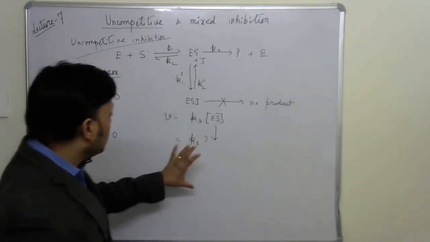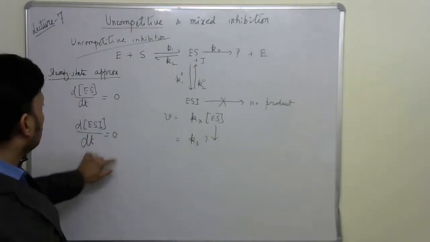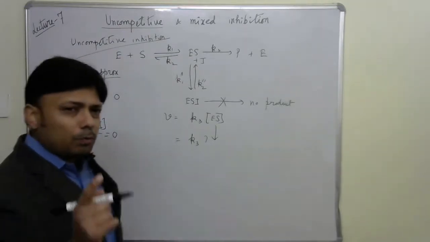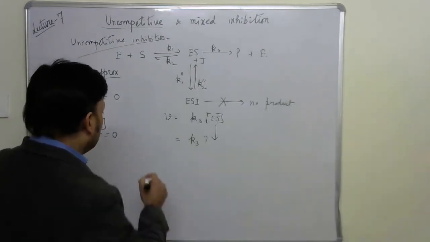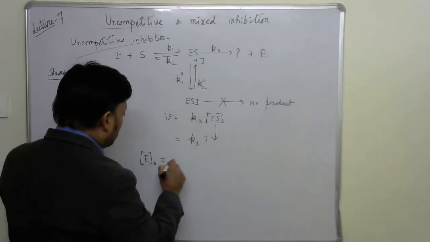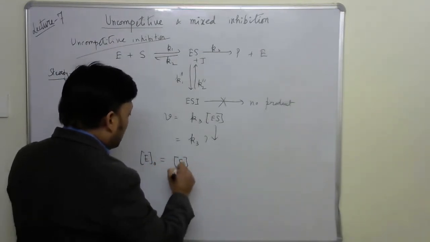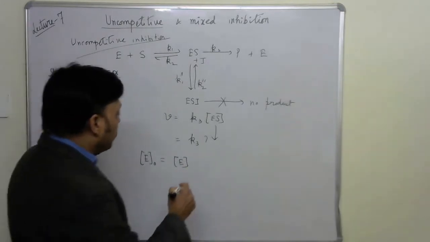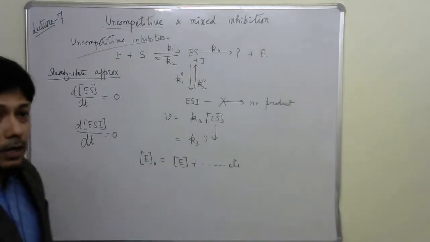Those terms should be found from these two equations, and there will be one more equation where we relate the total enzyme concentration with the unreacted enzyme plus other species.